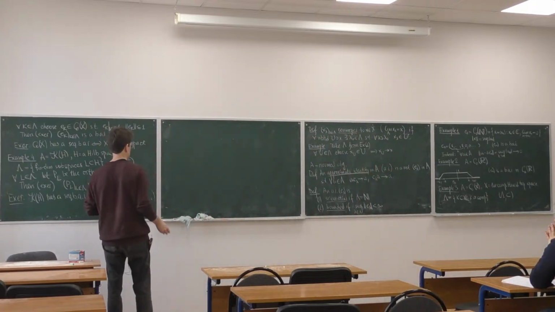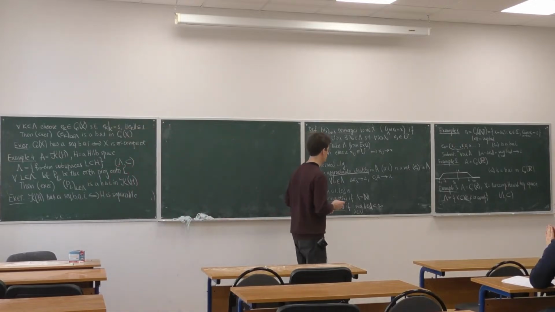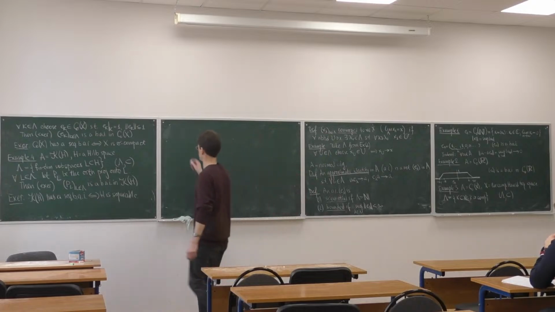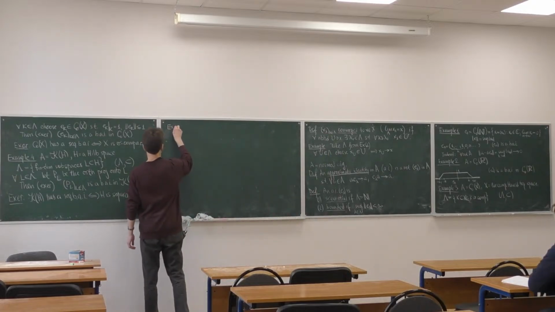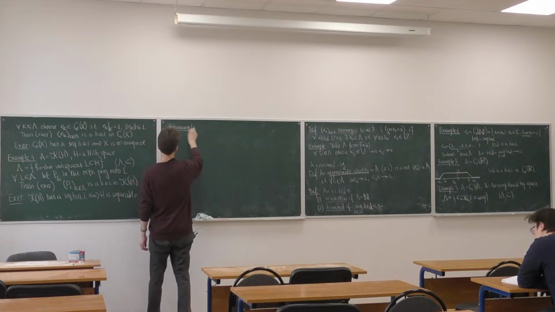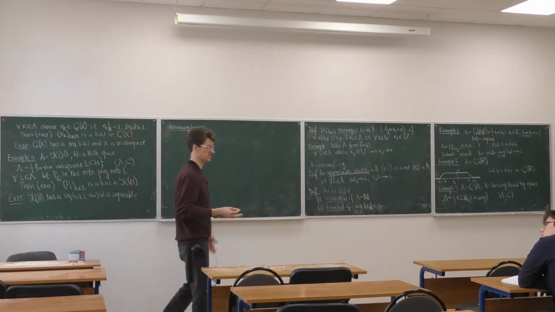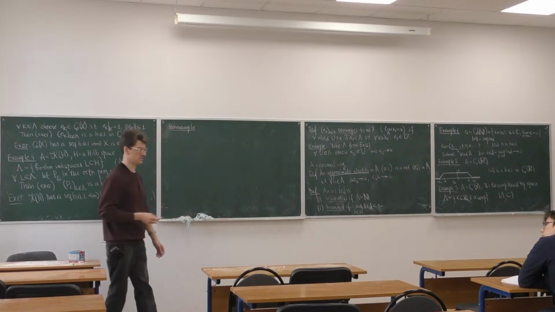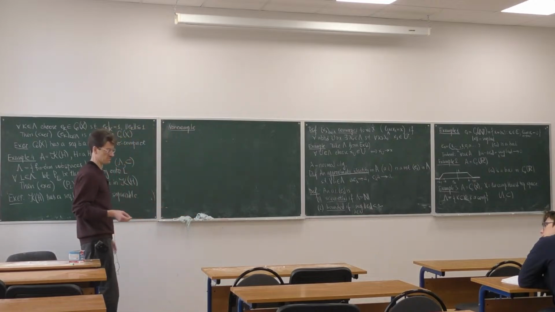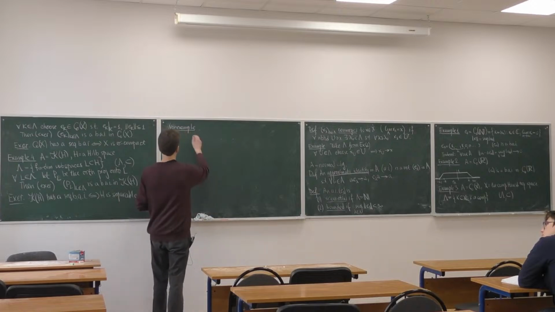Of course, it's also rather easy to construct examples of Banach algebras which don't have an approximate identity. Here's a non-example. Well, of course, we always have a stupid non-example. We take any Banach space and equip it with the zero multiplication, ab is identically 0. Of course, there is no approximate identity in this algebra. And here is a little bit more interesting example.